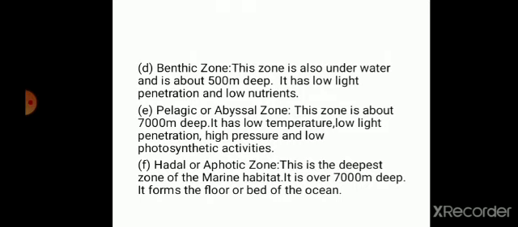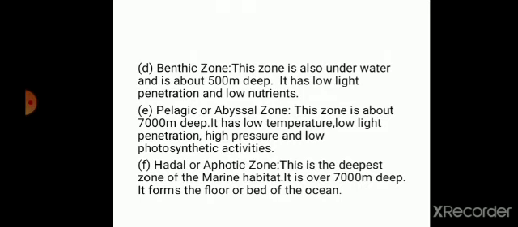It has low light penetration and low nutrients because the depth has deepened, so there is no more high penetration of sunlight. That is why the nutrients and sunlight penetration are low, because it has gone deeper than the littoral zone.